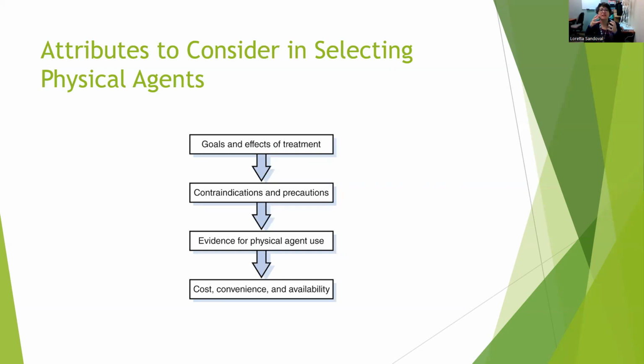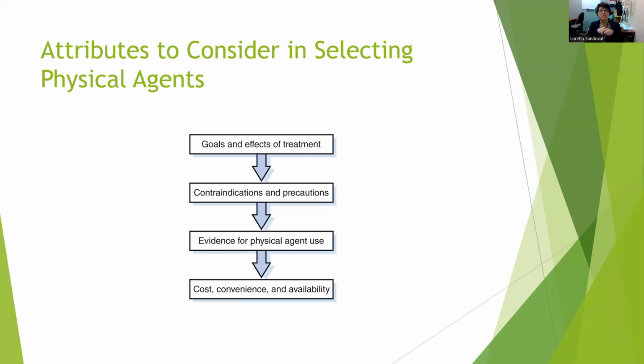There should be evidence for the use of physical agents being effective. So in our project this quarter, our evidence-based research project, we're going to pick a research article, look at it, and see if that shows evidence that the physical agent is effective, and each one of you will pick a different physical agent to look for an article on.